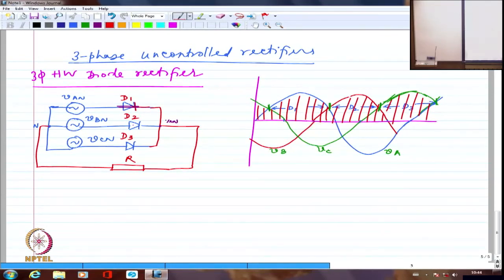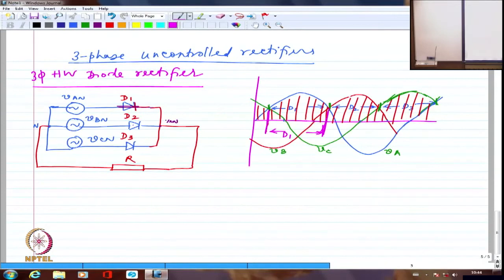So I essentially have to get the value of voltage by integrating from this point until this point. When I integrate between these two points, that's where D1 is conducting. If I integrate the voltage waveform for just 120 degrees, it is sufficient.